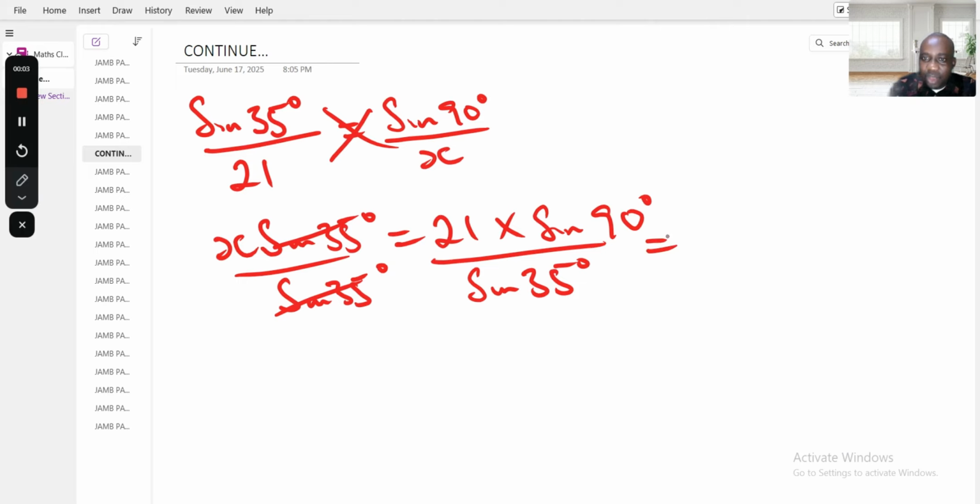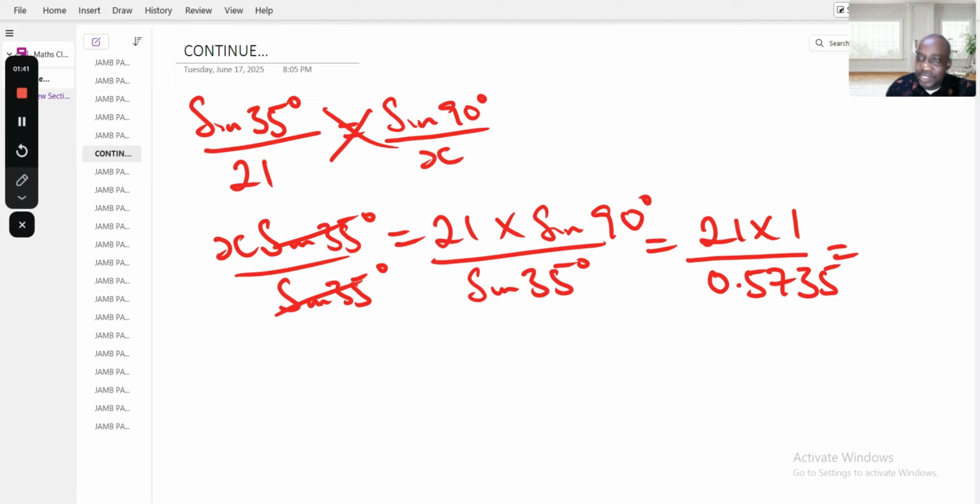Now what is our sine 90? Sine 90 is 1. 21 times 1 is going to give us 21. What is our sine 35? Sine 35 is 0.5735.